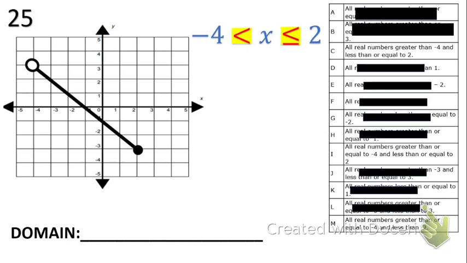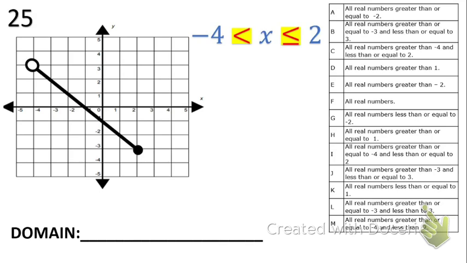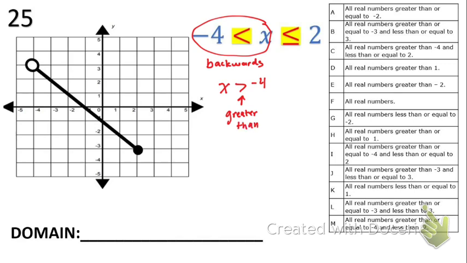Now remember, this part is backwards. So this is actually saying x is greater than -4. So the first part of the sentence should say greater than.